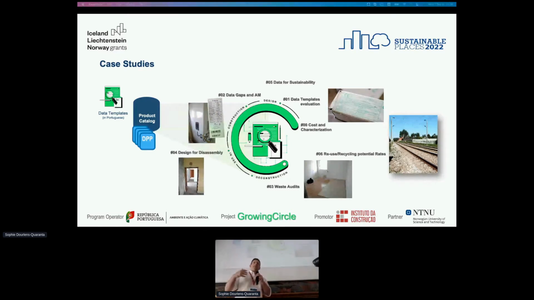Data for sustainability: what can I achieve with the processes I have to perform a levels analysis, set up a green public procurement, not focusing on everything, but just on one product that might be more relevant. And looking at the railway, how could we improve the reuse or recycling potential rates? When we are talking about buildings, the 15% in the waste directive might be a little bit tricky to get when we are talking about railways. We can overcome this quite fast, but this is another subject.